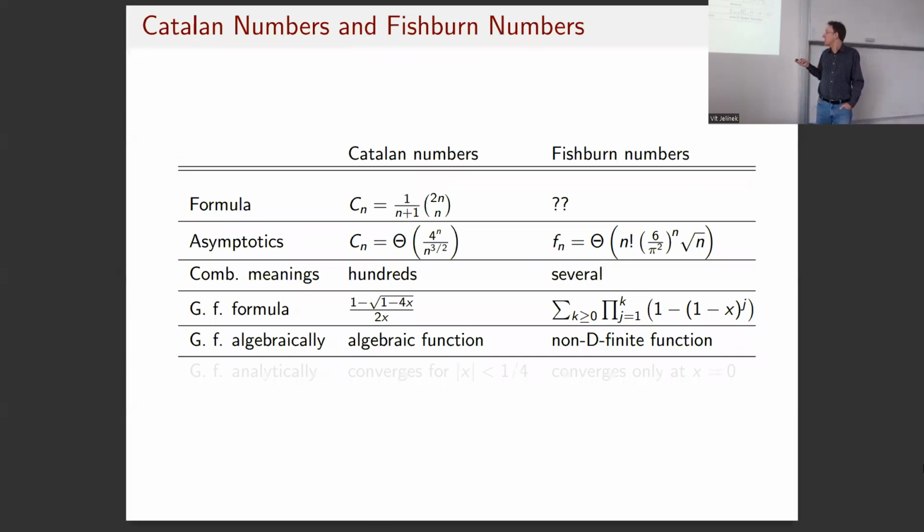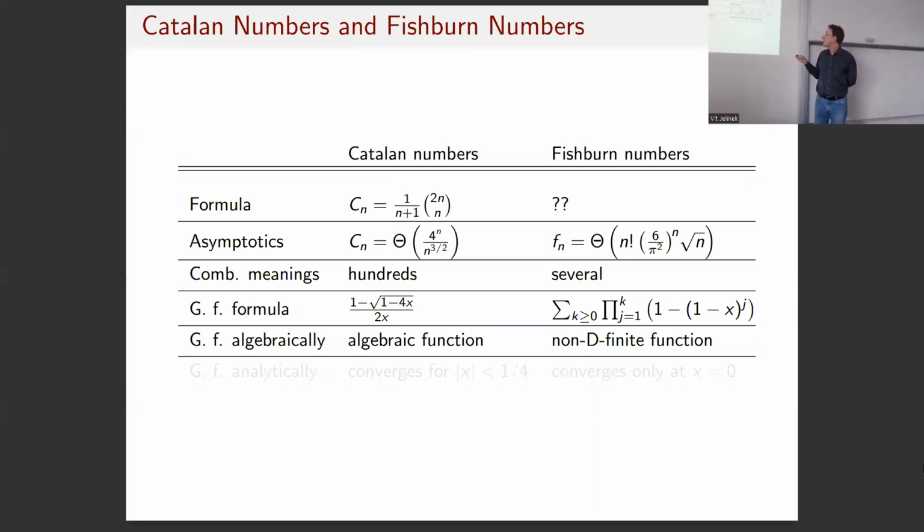On the other hand, the generating function for Fishburn numbers does not really fit into any such nice family. It certainly isn't algebraic. It's not even d-finite. If you don't know what d-finite means, don't worry. That's just a class of functions which are at least slightly nice.